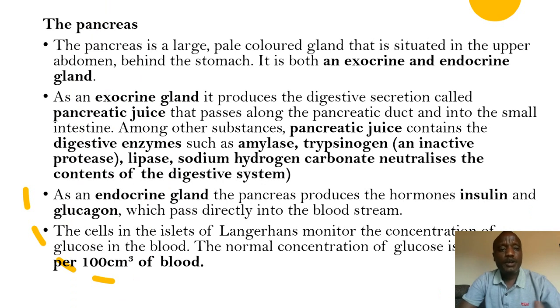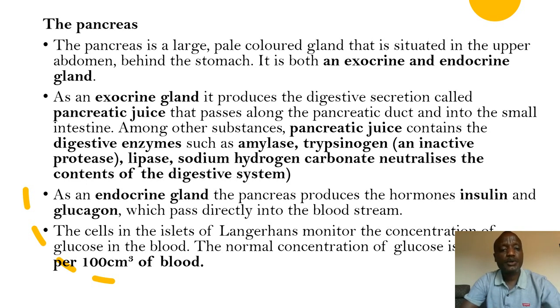Now, the pancreas, from Senior 3. I hope it is not your first time. The pancreas is considered as both an exocrine and an endocrine gland. The question they tend to ask here is always to explain how the pancreas is regarded as an exocrine gland. It is an exocrine gland because it produces digestive secretions.